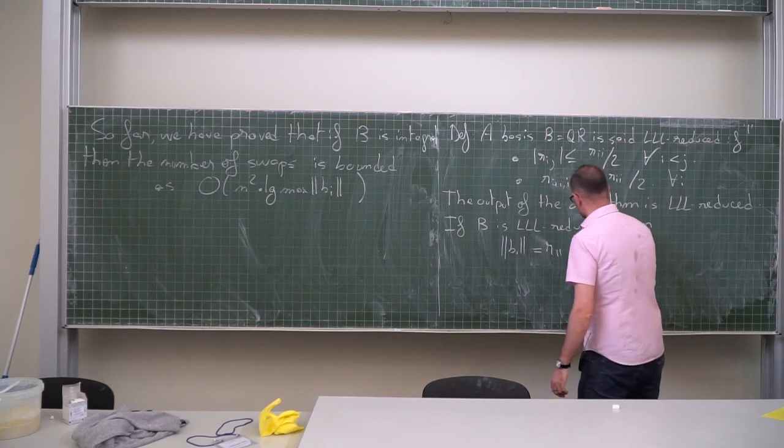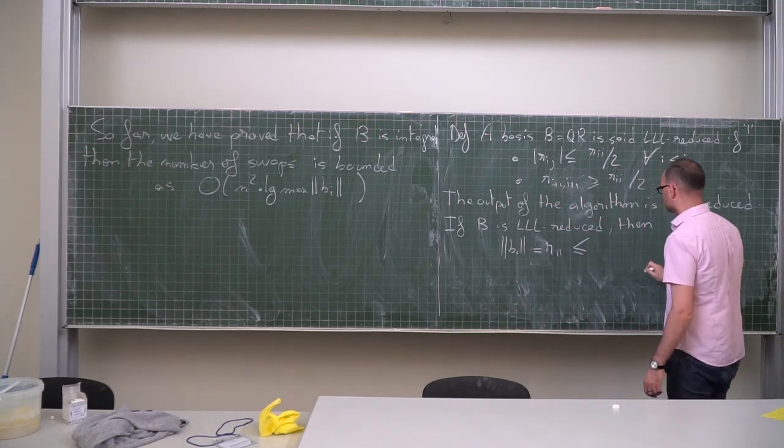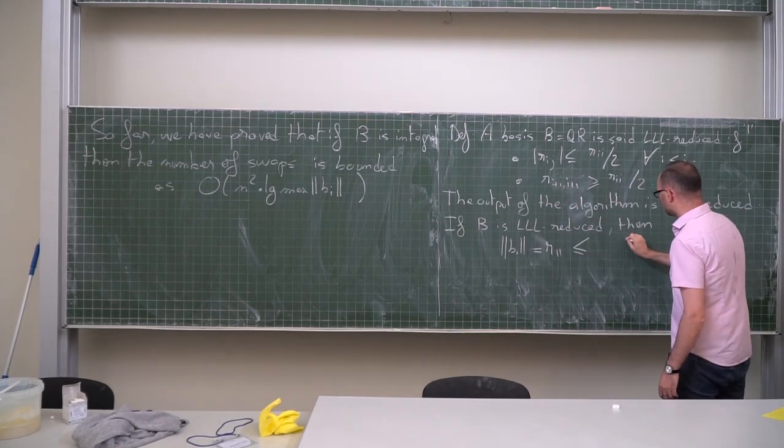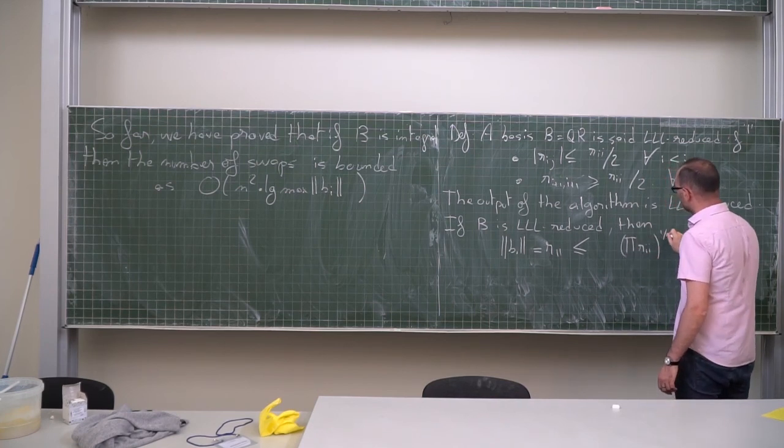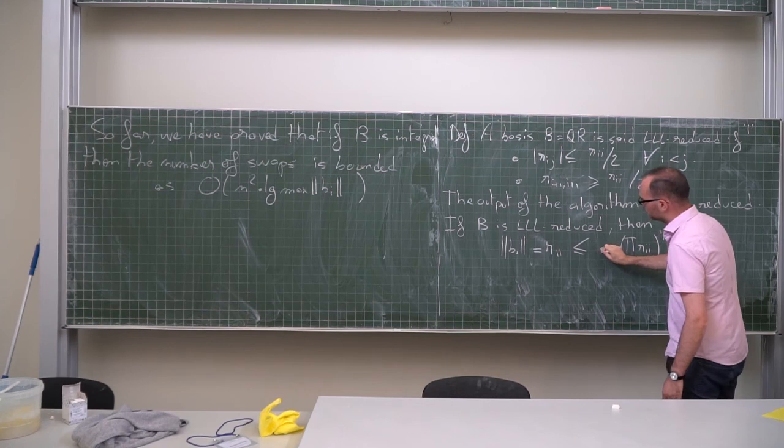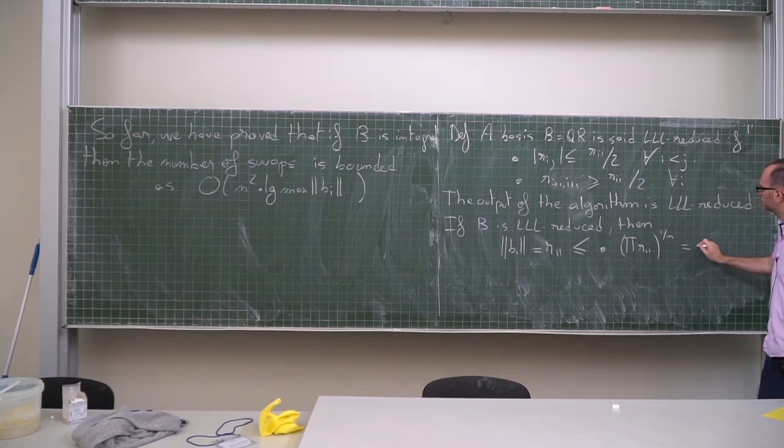And it's less than the product of the Rii's to the 1 over n times some coefficient, which is equal to the same coefficient times determinant to the 1 over n.